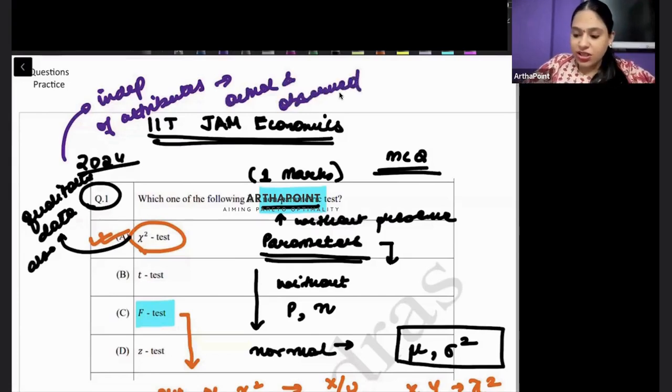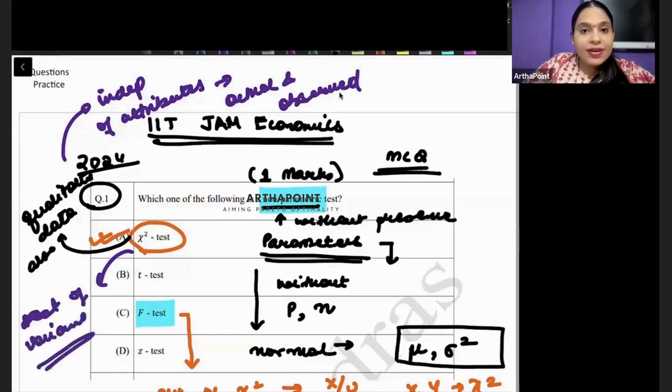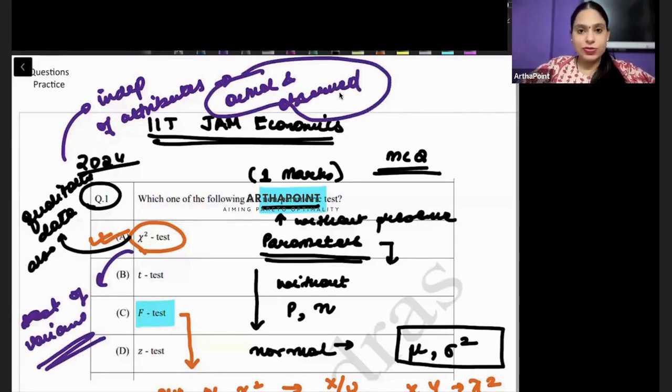ठीक है, एक application ये भी था, where we are doing test of variance. But one application was also comparing actual and observed values. And in that comparison of actual and observed values, there was no parameter involved. It was a simple formula.